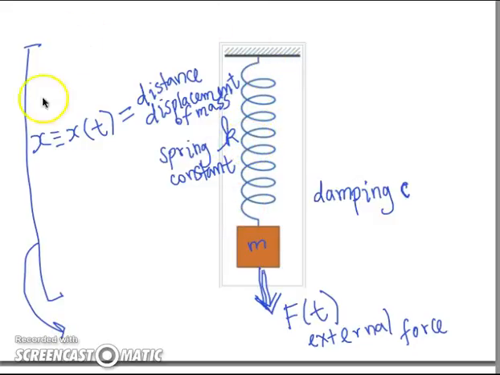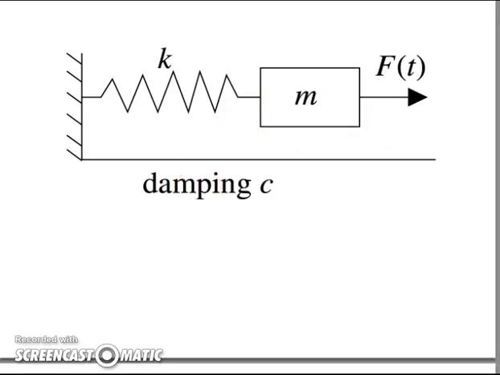In other words, what happens if we rotate this picture left? We're going to have very much the same thing, but with a different orientation. And this is a schematic of the spring mass system if we now are looking at this horizontally instead of vertically, right? And maybe we can describe a few things.